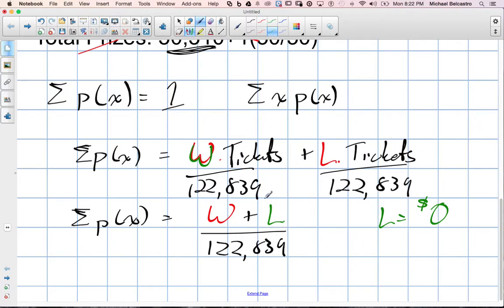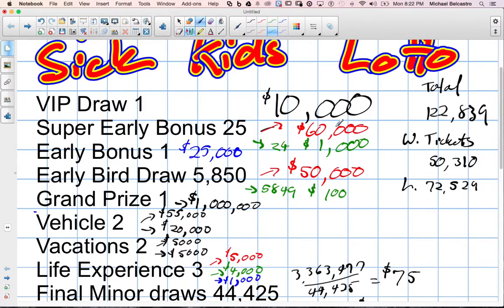On the other hand, winning tickets are very, very diverse. So we're going to have to break up all of our winning tickets. We calculated that there are 50,310 winning tickets, and they are all very much split up. So we're going to make each of these their own little amount.